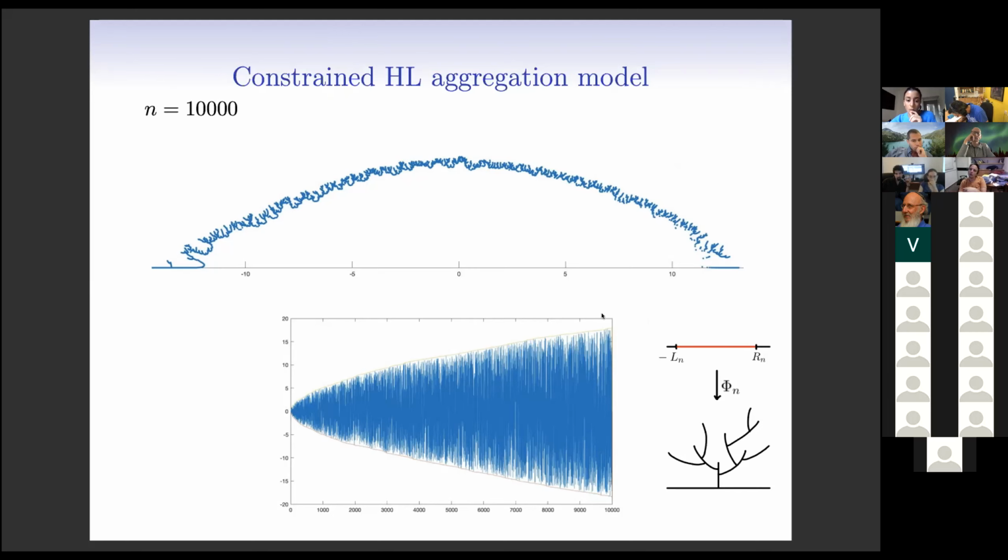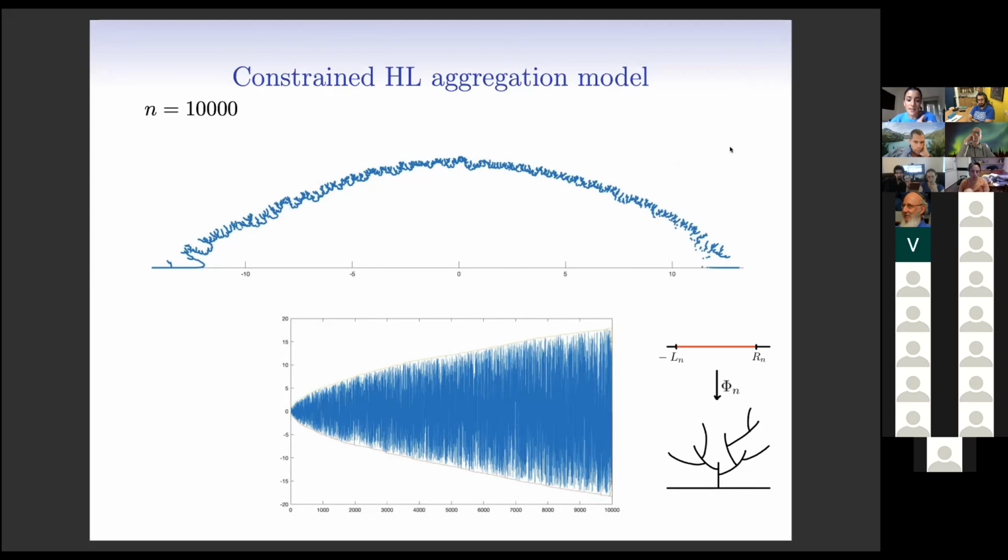And what we did in the second picture is we kept track of the movement of the extrema of this interval, the left and right extrema, which get pushed away from the origin as the cluster grows, and you can plot exactly how they move. So that's the left extremum, and above is the right extremum. And inside, we plotted the attachment points, which, as you can see, live on the interval.